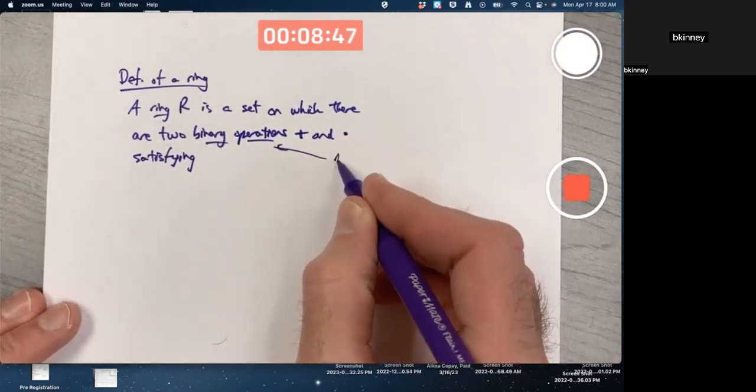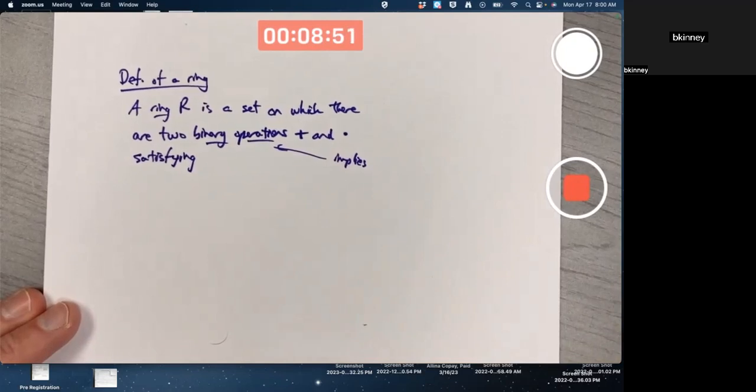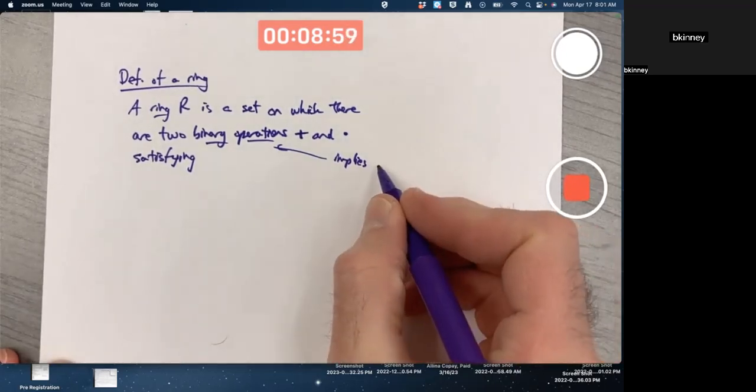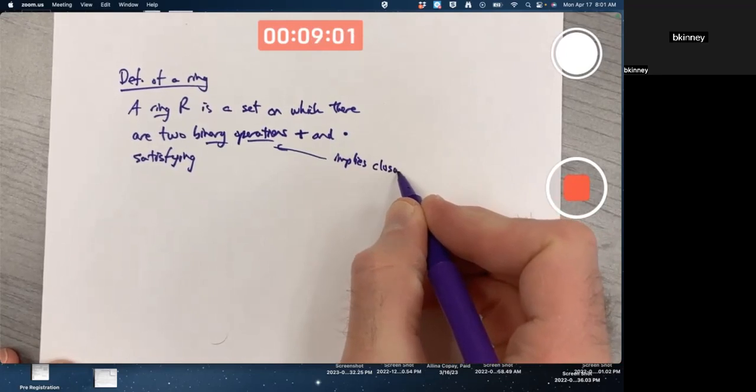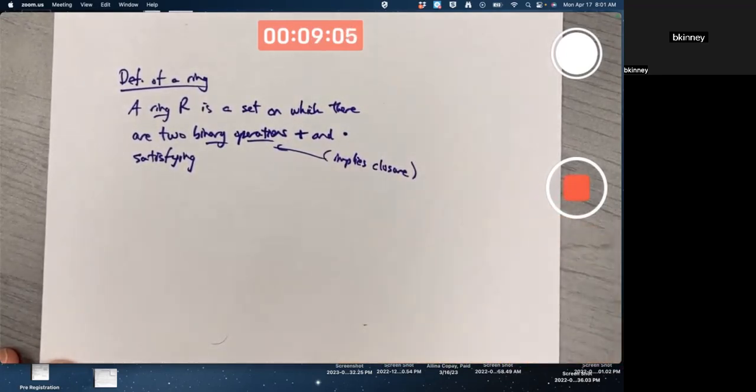Not every author says that the word binary operation implies closure, and they add the word closure for extra emphasis and define what it means. But for us, this implies closure. That's always worth emphasizing, I think.